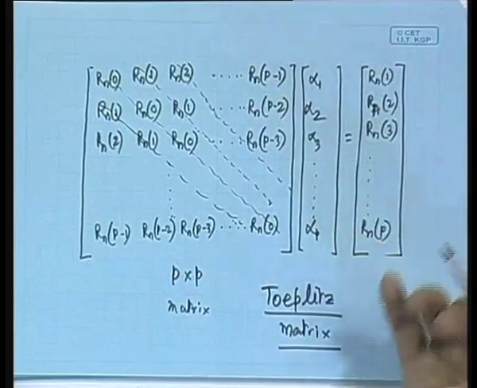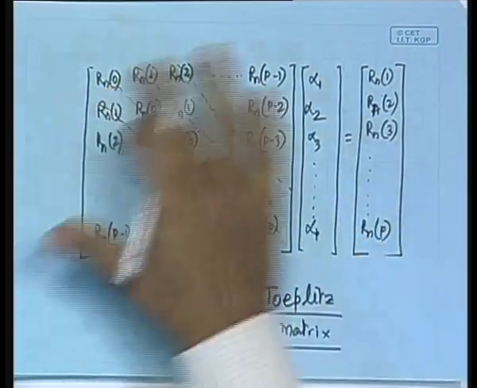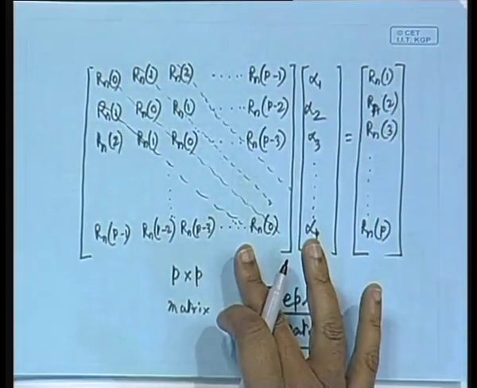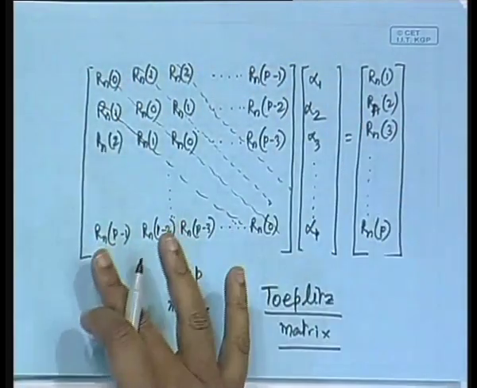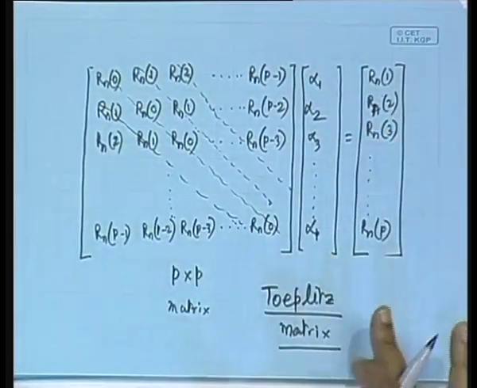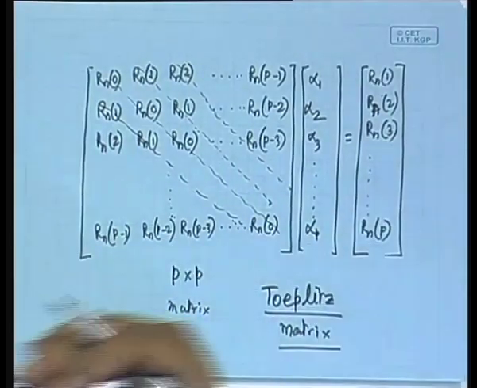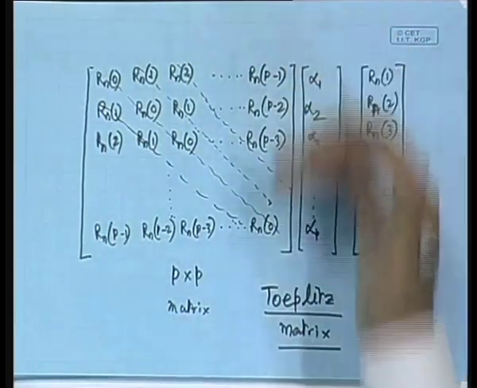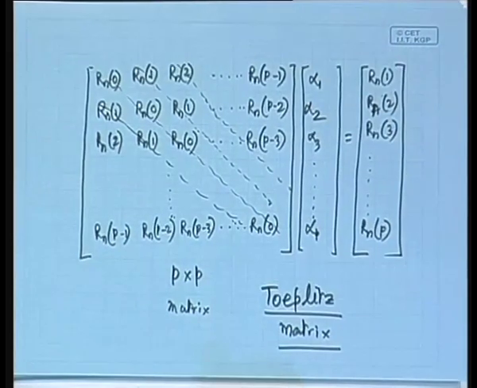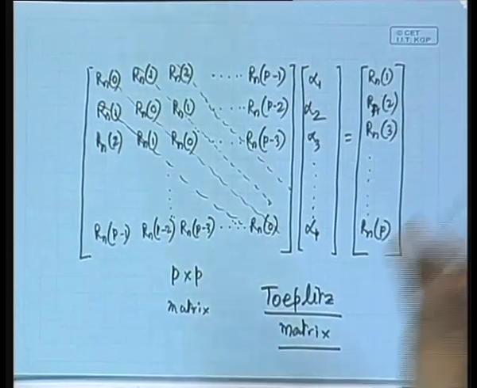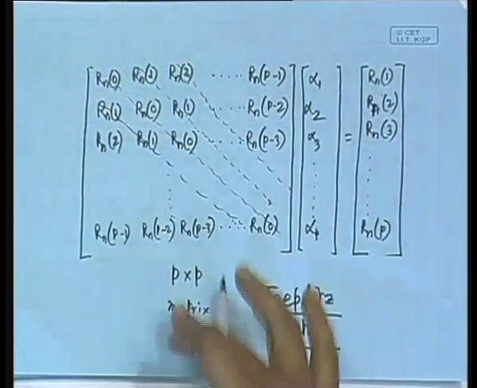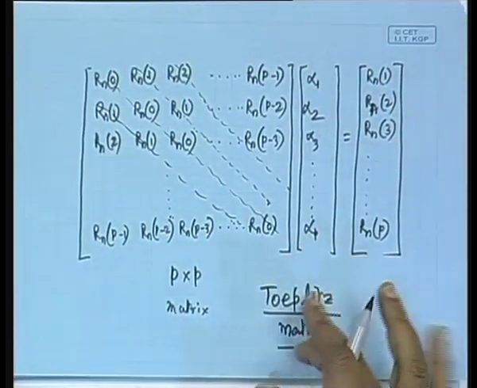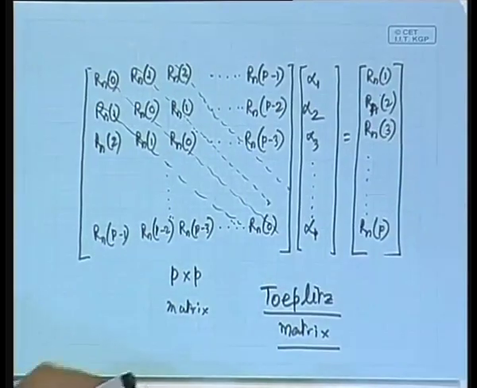do here after this, you just write down in a matrix, you pre-multiply this whole matrix equation by the inverse of this matrix. So what do you get? You get alpha 1 to alpha p as a vector on the left hand side, and on the right hand side you get the inverse of this matrix times this. Now the autocorrelation values you can compute, you just look at the speech samples, you compute the autocorrelation values, that is not a problem.